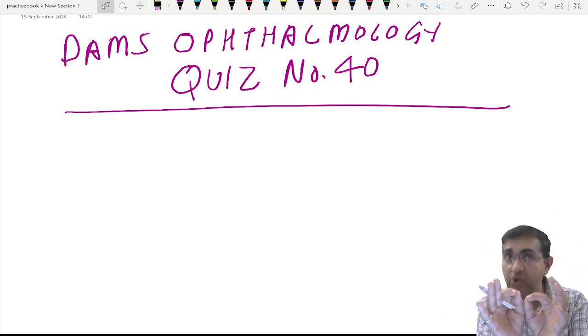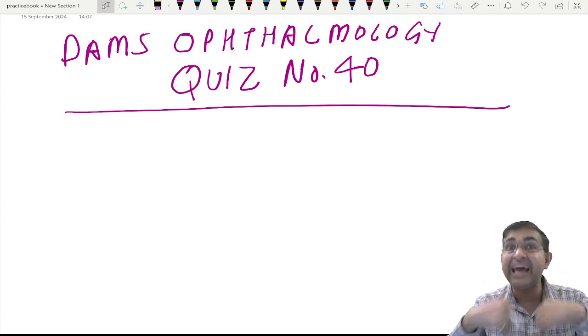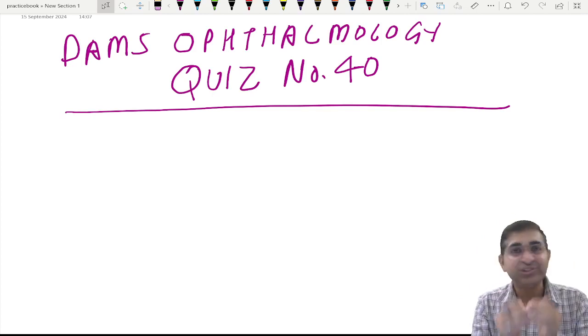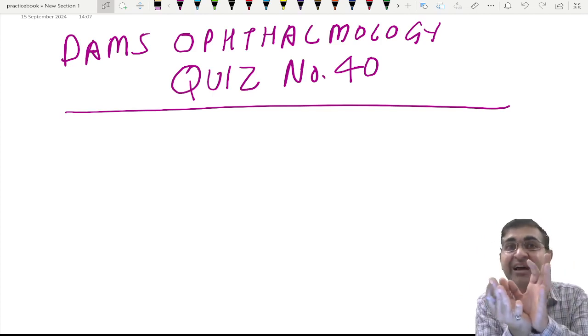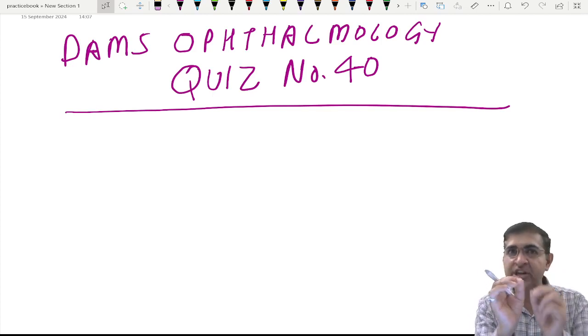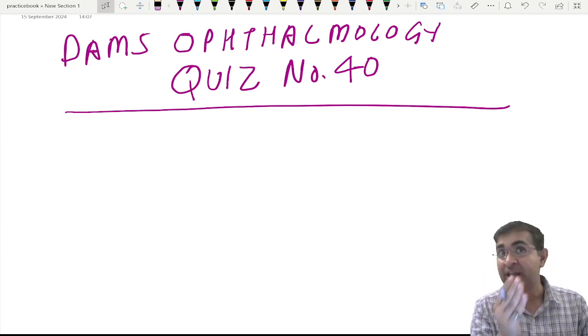Now, if you know prosencephalon is a part of which layer, you already know retina will be from the same layer, and prosencephalon is neuroectodermal in origin.